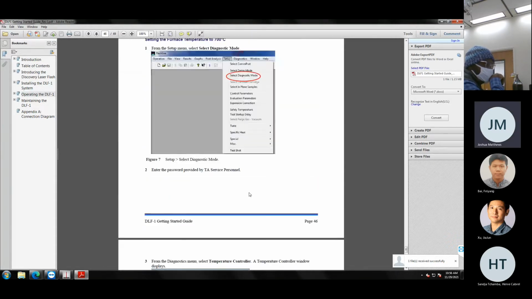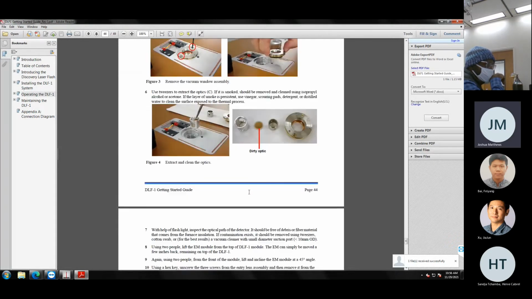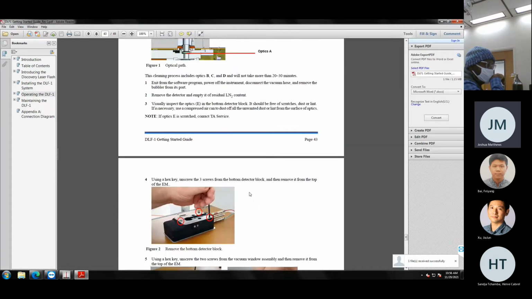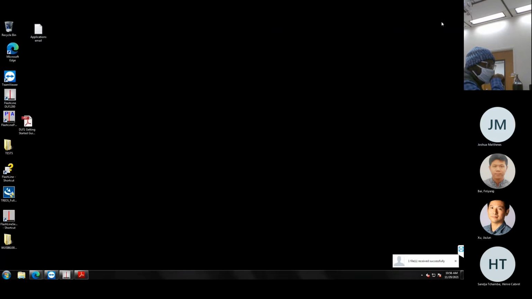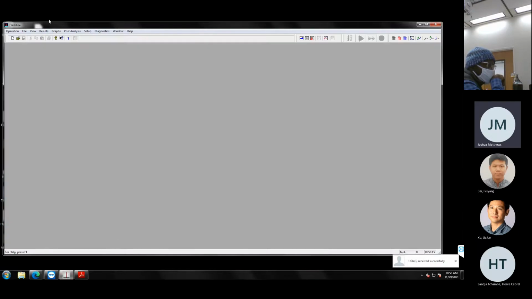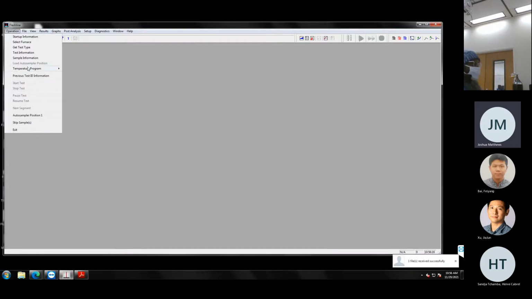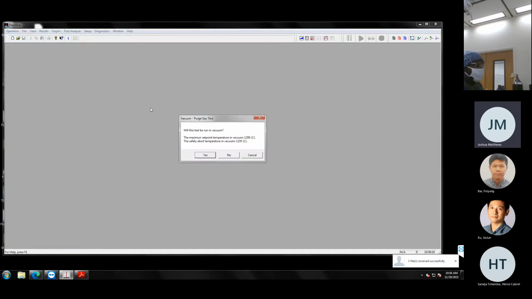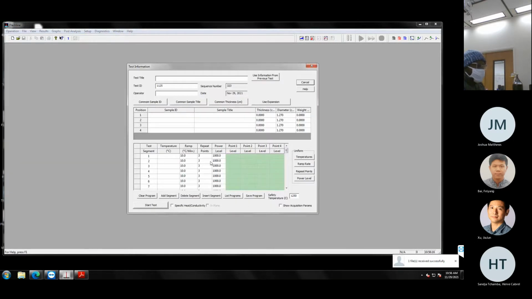If you're running conductivity tests, are you looking for conductivity, or just diffusivity? When you set up a conductivity run, you make that distinction here where it says specific heat conductivity.